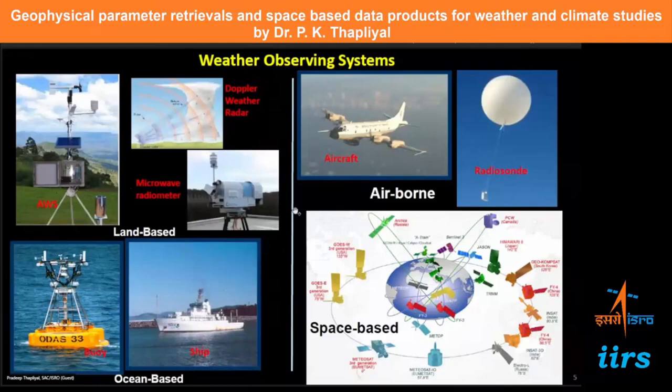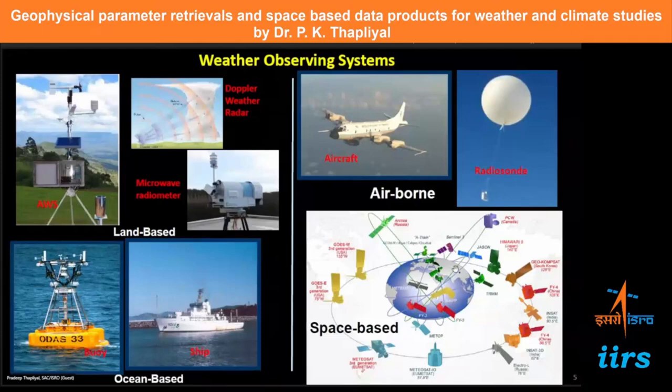But to complement that, because the data obtained from these other platforms is not sufficient, we also have space-based systems, the satellites. There are geostationary satellites over different geo-locations operated by different countries, and then there are polar orbiting low altitude satellites also operated by various countries, which provide data on atmosphere, ocean, and land.